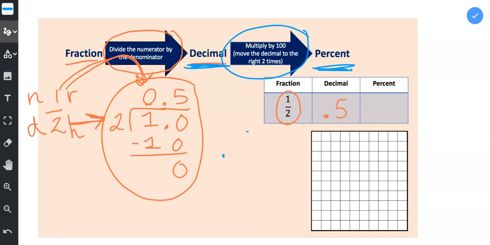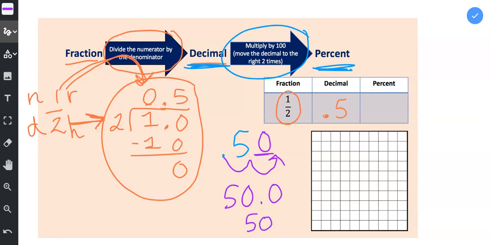So I'm going to copy down the 0.5, and then I'll move the decimal to the right once, twice, and you'll see there's this open number space. And in that open number space, you need to add a 0. And so now the decimal is at the end over here. So that's really 50.0, which I'm just going to write as 50. And then you have to add the percent symbol.